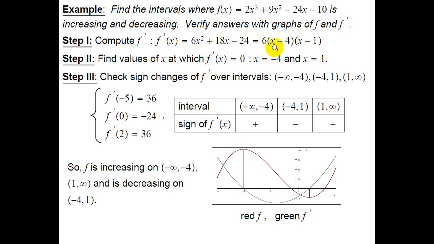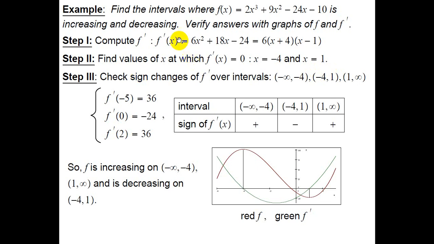With partial fraction we can define this function as 6 into (x plus 4) into (x minus 1). From this equation we can easily say at x equals minus 4 the functional value will be 0, and at x equals 1 the functional value will be 0.